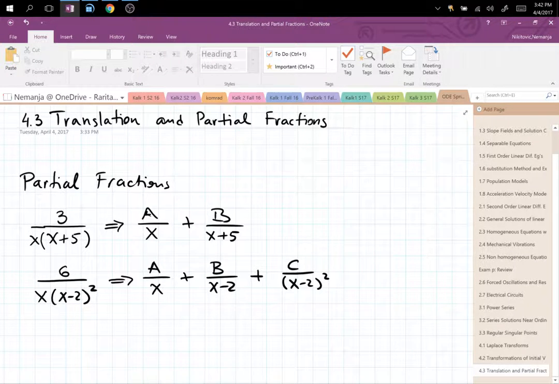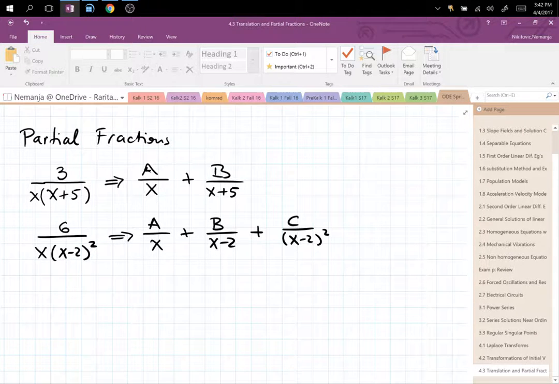And then we go with the quadratic ones. So you have an irreducible quadratic, right? Say whatever on top, I'll just put blah, divided by some kind of ax squared plus bx plus c.